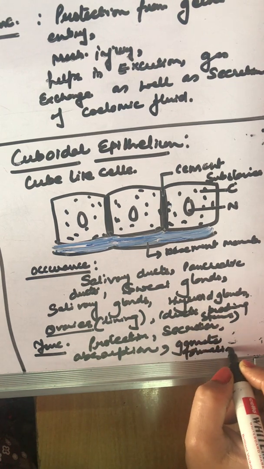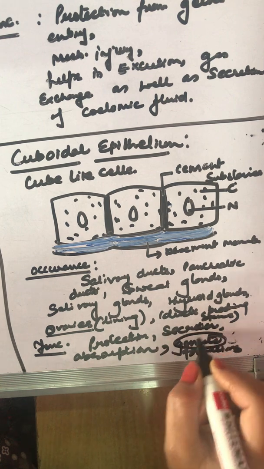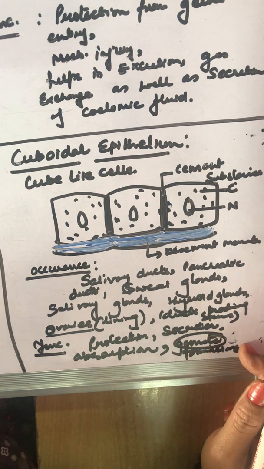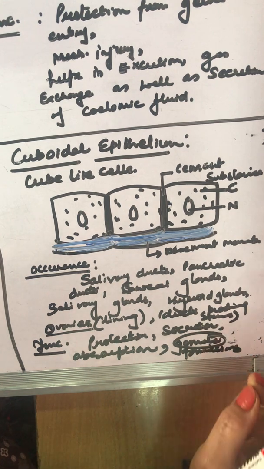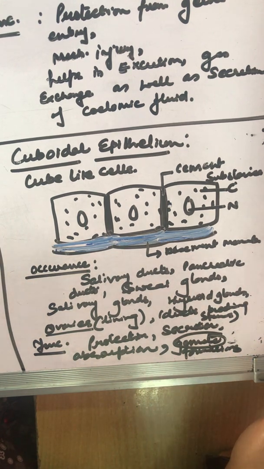Gametes are the sex cells which are responsible for carrying out the next generation. Clear? Gamete production. Fine. This is about cuboidal.